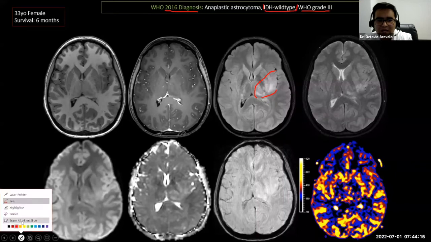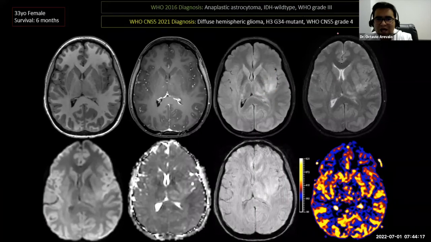You don't call IDH wild type disease unless you have all these 5 things that I showed you, because you have to make sure that this is not a glioblastoma. Well, they ran all those tests, and those tests were negative for adult glioblastoma.